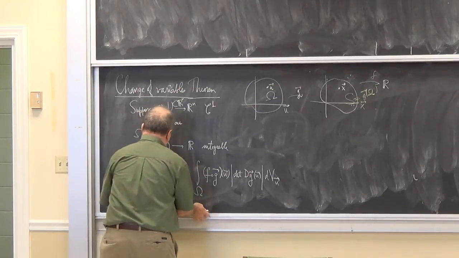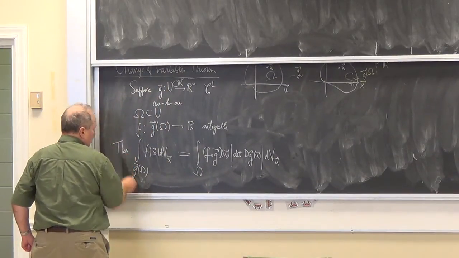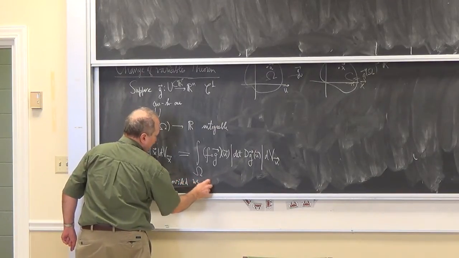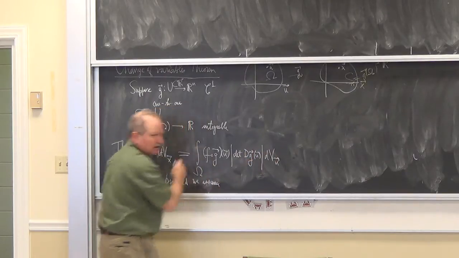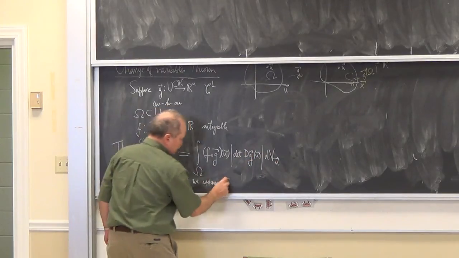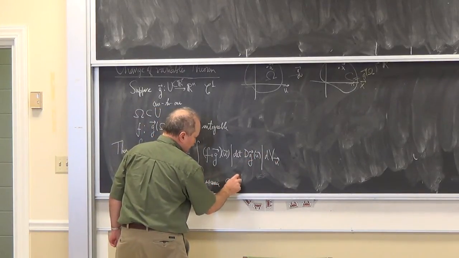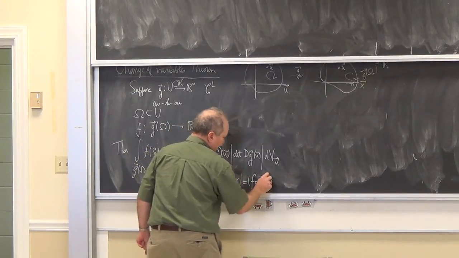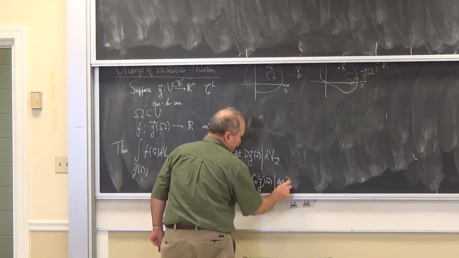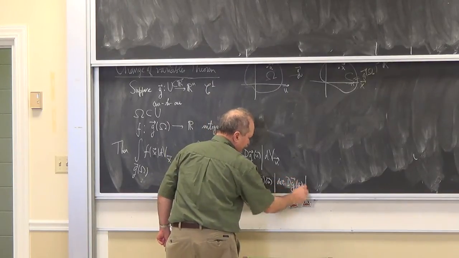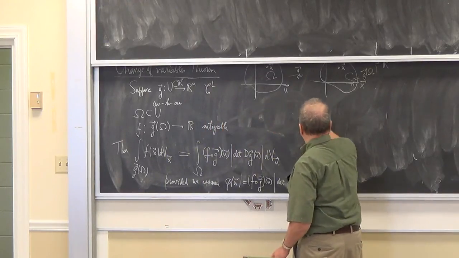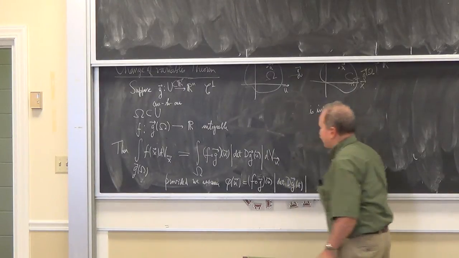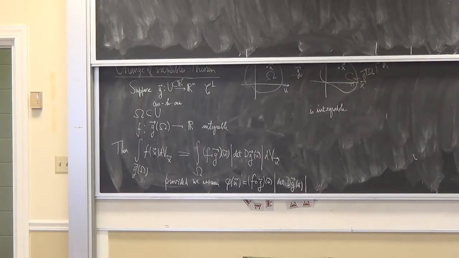And I'm going to say, then this is true, provided we assume the right-hand integral exists. In other words, I'm going to assume the function phi given by f of g times the fudge factor is integrable. All right, so that's the statement.